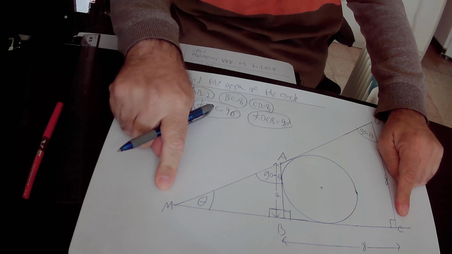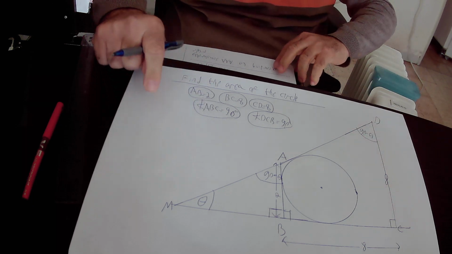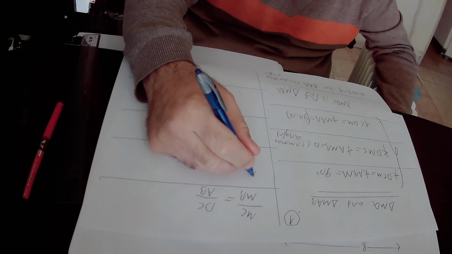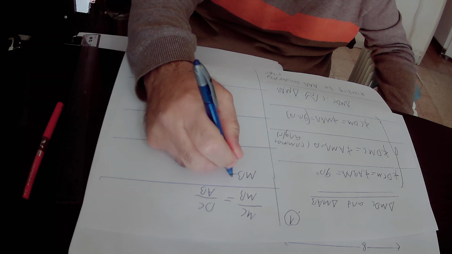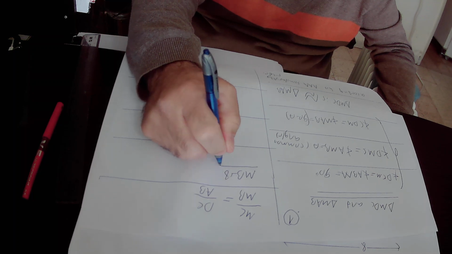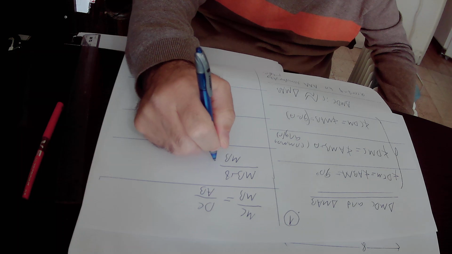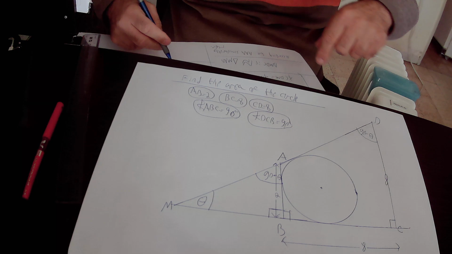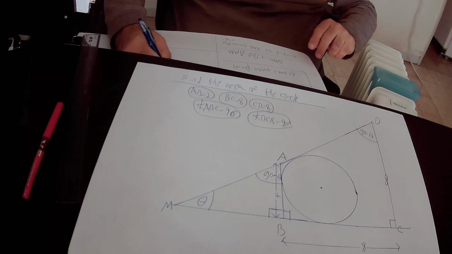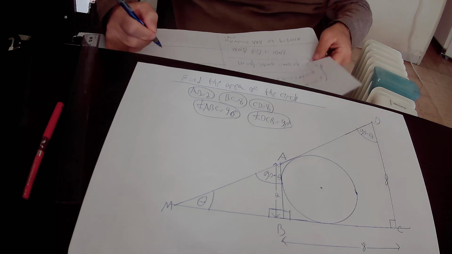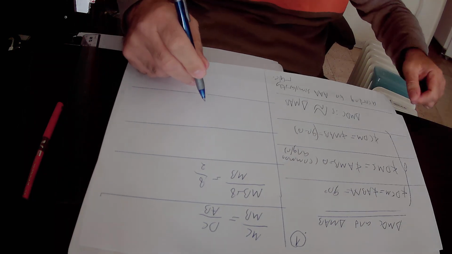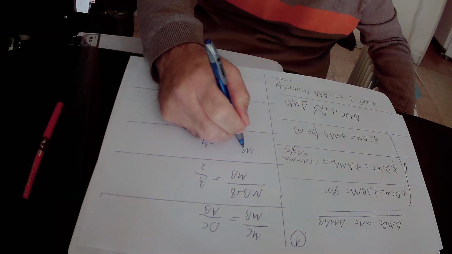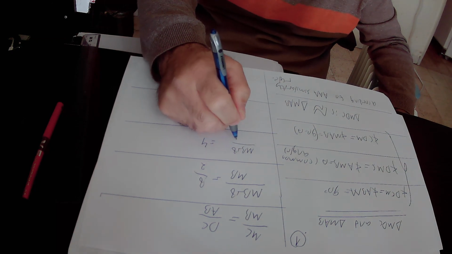So we substitute MC by MB plus 8 over MB, which is equal to DC over AB. DC is 8 and AB is 2, so DC over AB is 8 over 2. 8 over 2 is 4, so 4 equals MB plus 8 over MB.